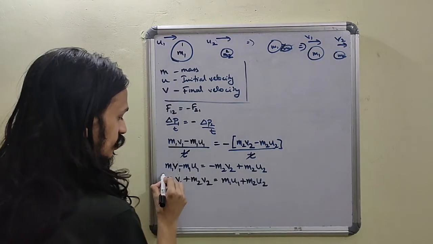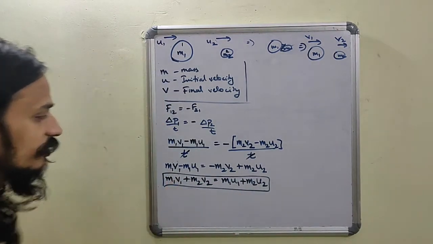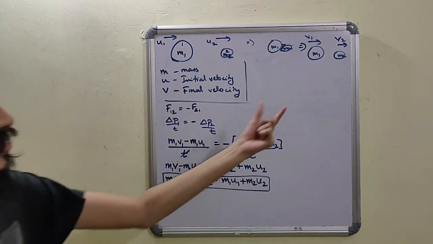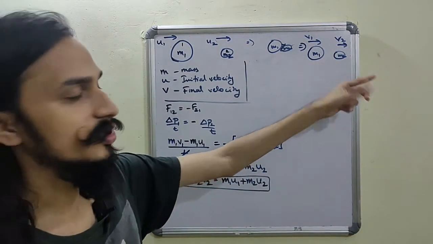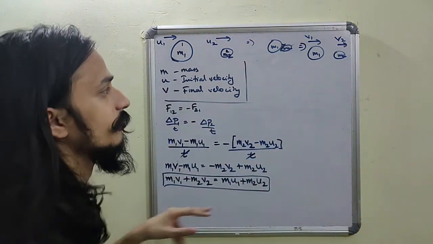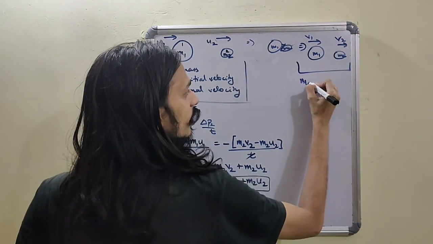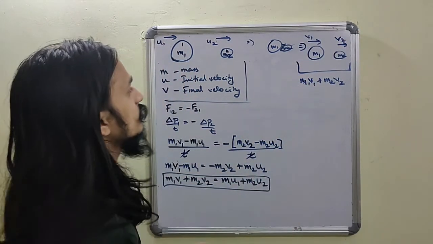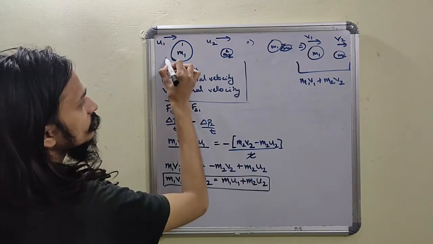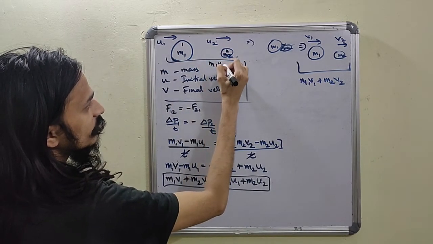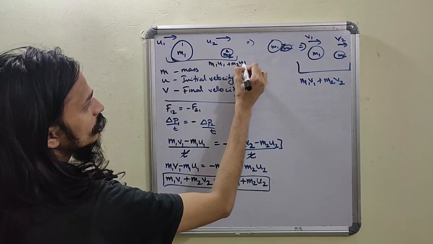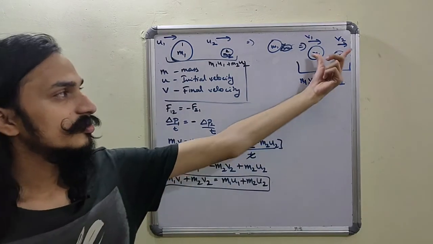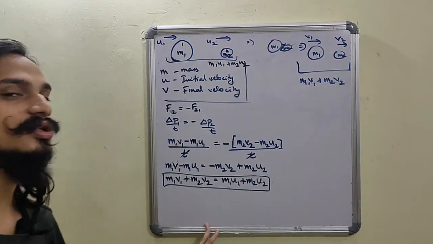This is the one that we are looking for. Try to remember this. What this tells me is that m1 v1 plus m2 v2 is the total momentum of both of these bodies after colliding. If I add their momentum, I get this one. For the case before colliding, it is m1 u1 plus m2 u2. So if you notice, the sum of the momentums of the system is equal before and after.